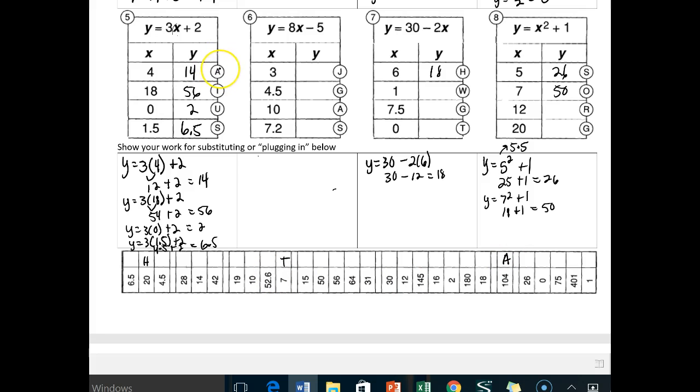So let's do this. 14 is A. 56 is I. 2 is U. 6.5 is S.